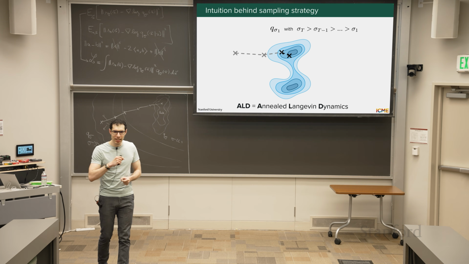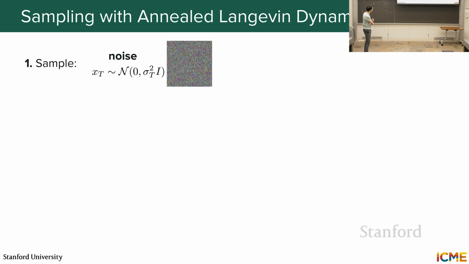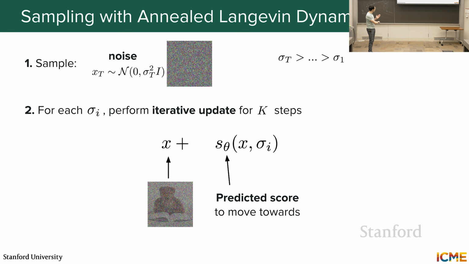So there's something else I wanted to say, which I think we'll cover a little bit later. But first, we're going to cover how we're going to sample new observations using this annealed Langevin dynamics. Here, you would sample some noise from a Gaussian with a high amount of noise. And for every noise level, you run your Langevin sampling.